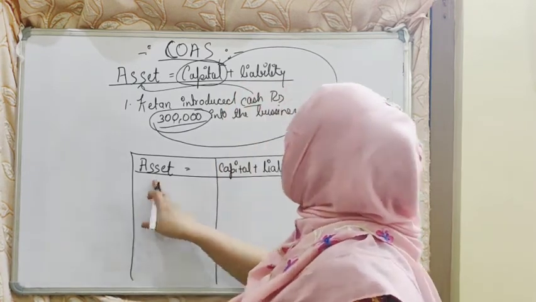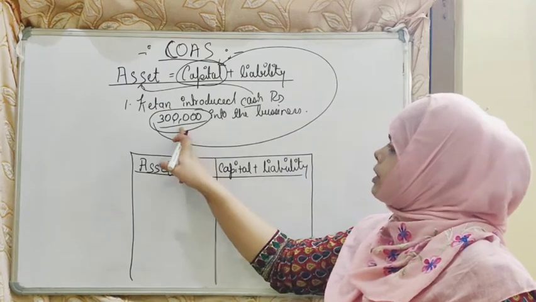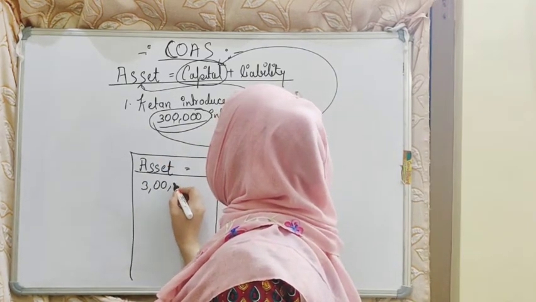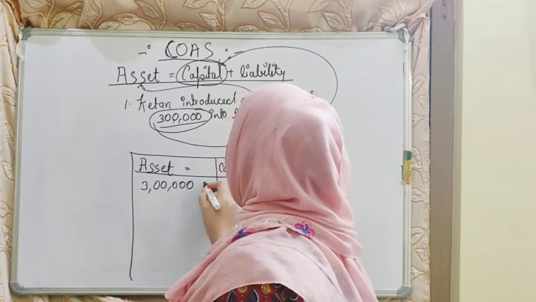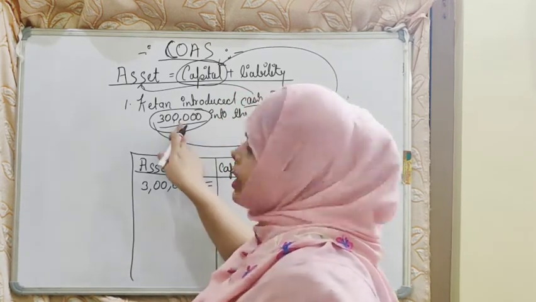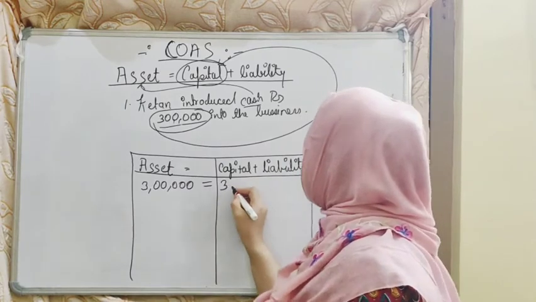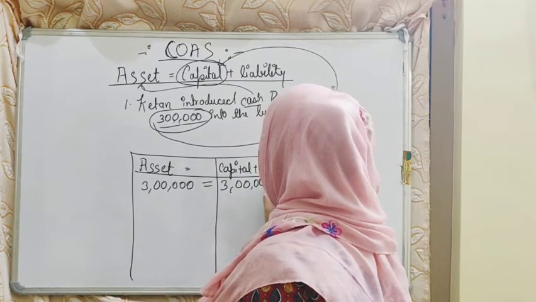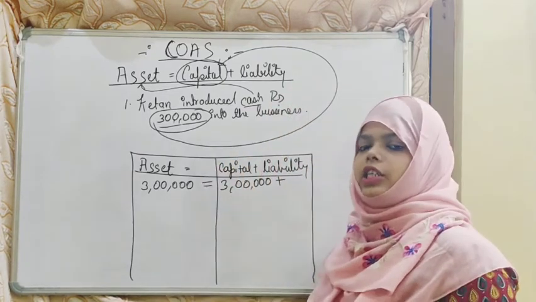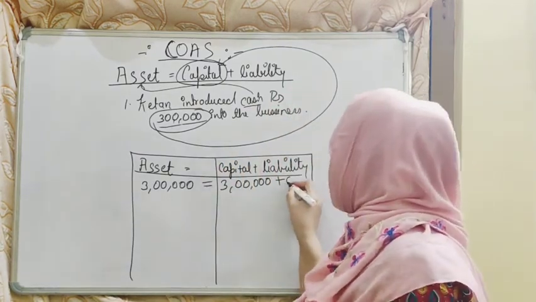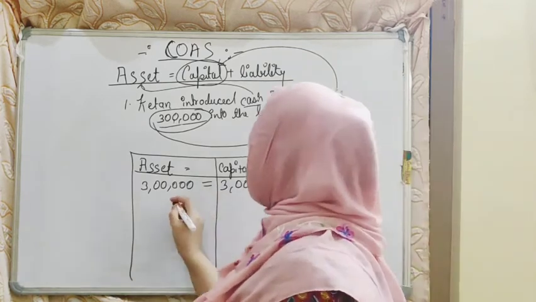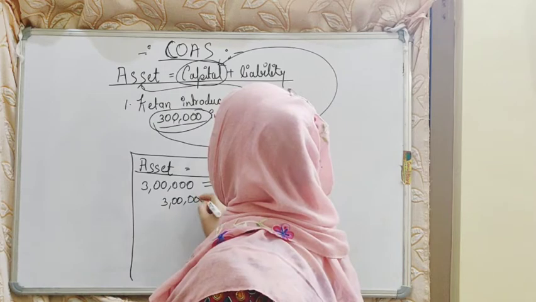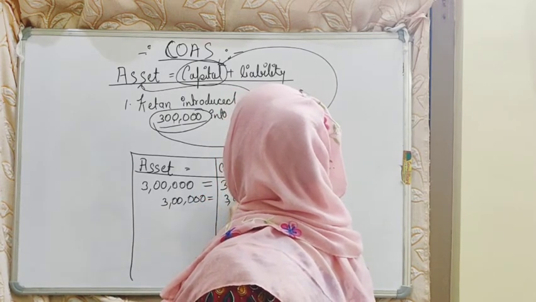Here we have an asset, cash of rupees 3 lakhs, so we will write 3 lakhs, equal to capital of 3 lakhs, so we will write 3 lakhs, plus we don't have any liability transaction, so we will put a 0. So the final equation will be 3 lakhs is equal to 3 lakhs.